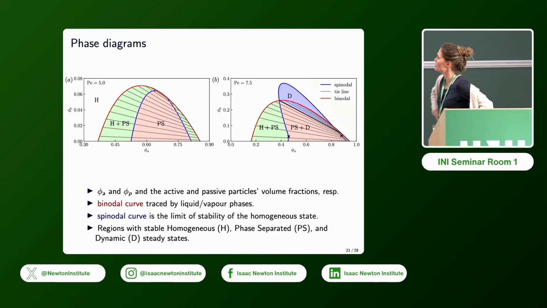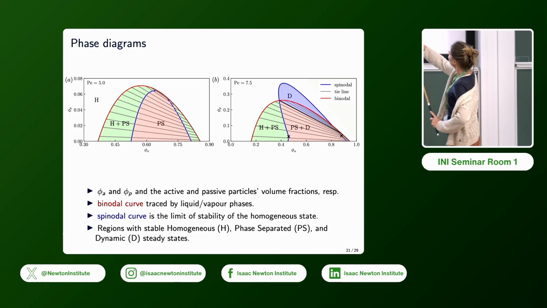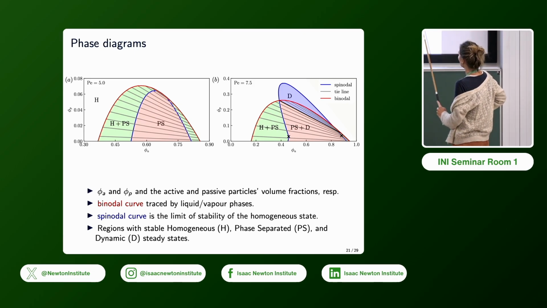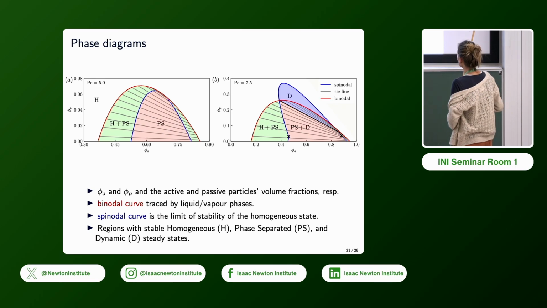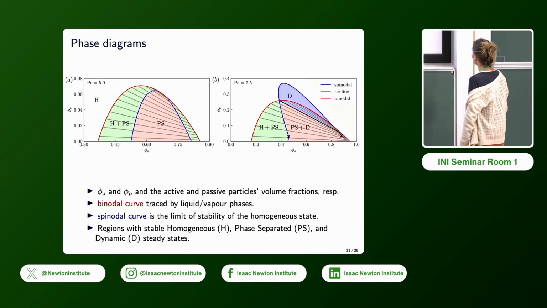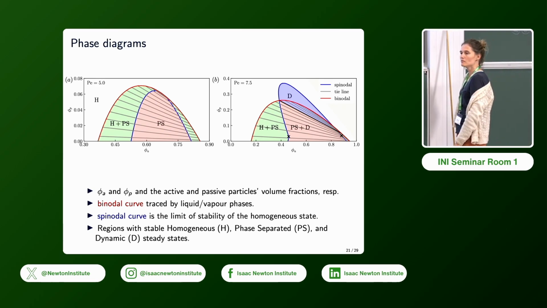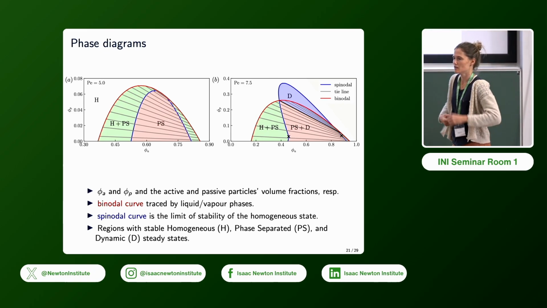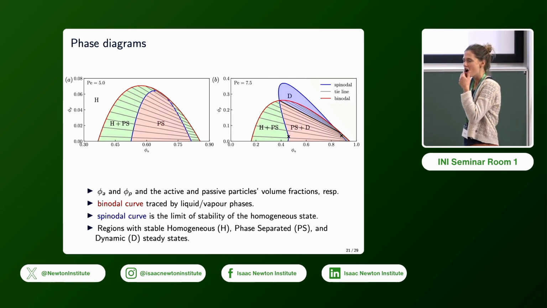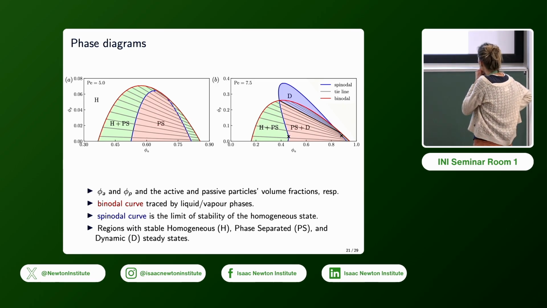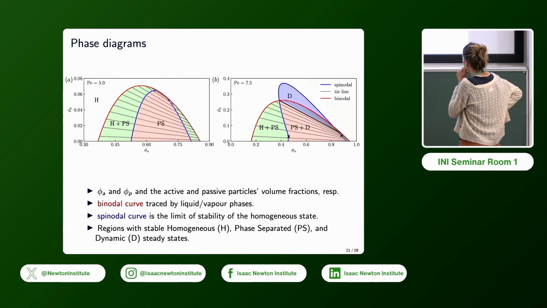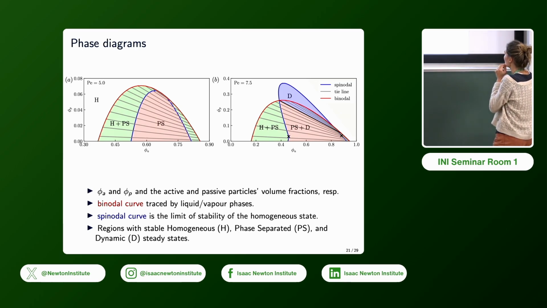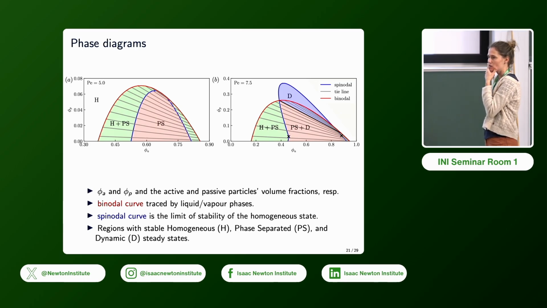So the gray region, is that arrested? The gray region is because the sum of the two cannot go higher than 1. But should you see an arrested phase? What does arrested mean? Like Rob showed, if you have phase separation and go to too high density, phi A is not density, right? What's the ratio of passive to active? No, this is not the ratio. This is just the volume fraction of actives.